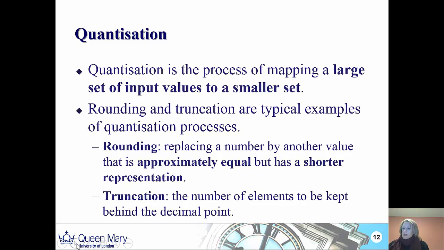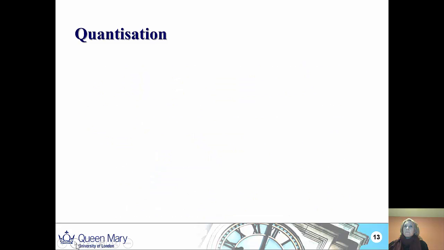Similarly, if we're communicating 23.45672 and we truncate that number, it becomes 23.45. So we're dropping digits from the number and we're not adjusting the remaining digits. Okay, so you should know the difference between rounding and truncation with regards to the quantization process.